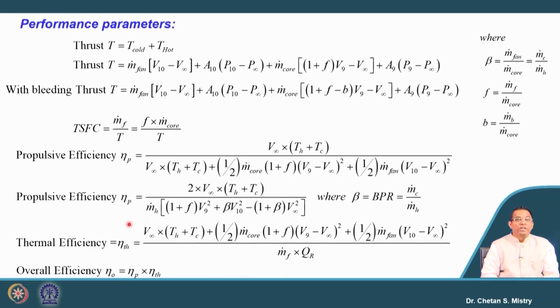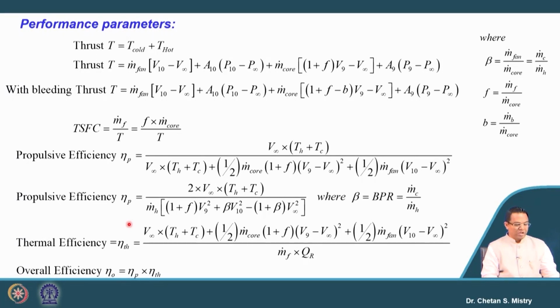So, maybe for this week you can do your calculation for single spool turbojet engine and 2 spool turbojet engine. There you can try to put this extraction of air or bleeding of air. Earlier engines were not having that kind of configuration, but yes, recent turbojet engines used for special purposes have bleeding done.